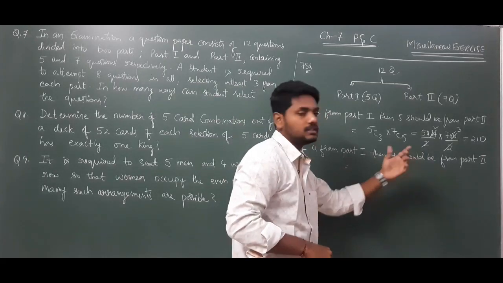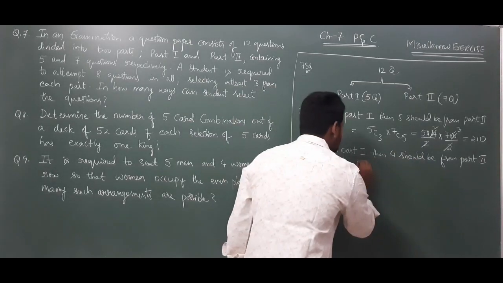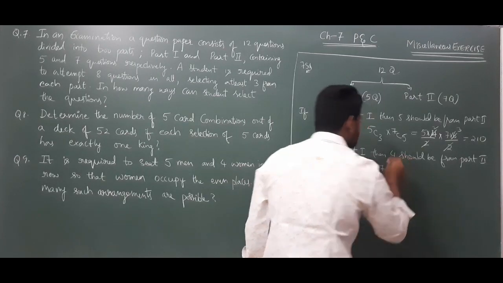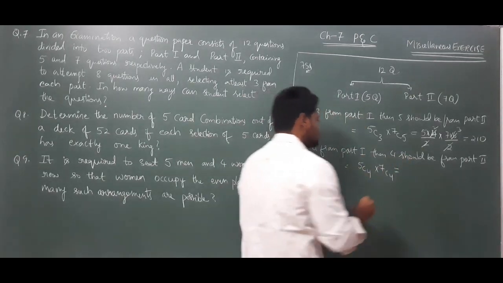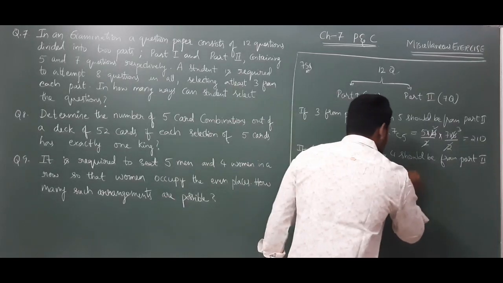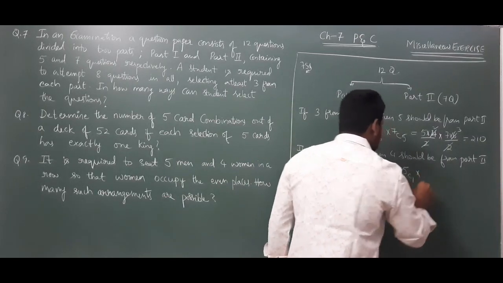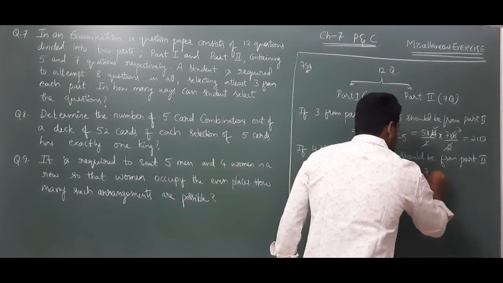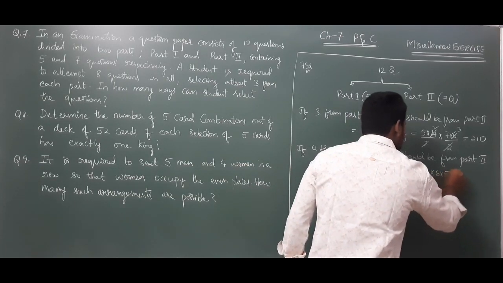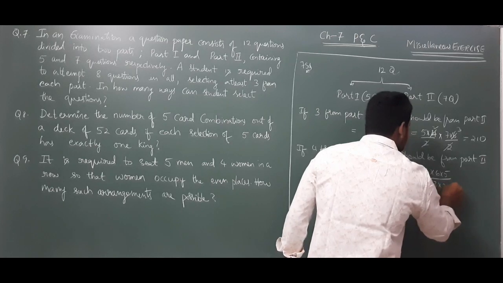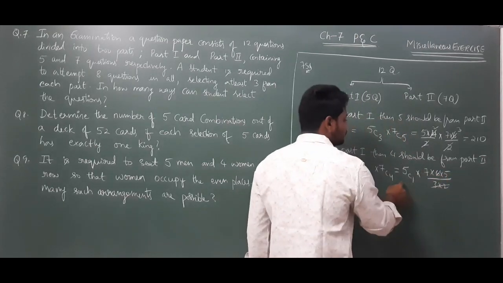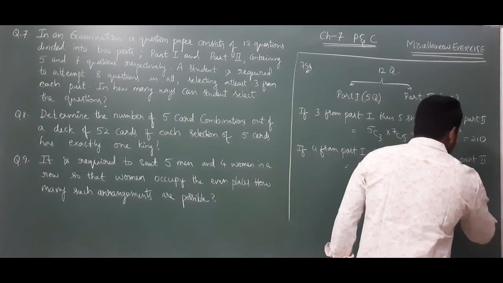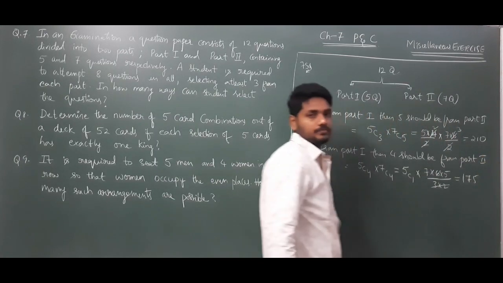So it will be 5C4 into 7C4. 5C4 is equal to 5C1, and 7C4 we can write as 7C3. 7C3 means 7 into 6 into 5 by 3 into 2. So 3 twos are 6, cancel. This is 5, 5 sevens are 35, 35 fives, this is 175.